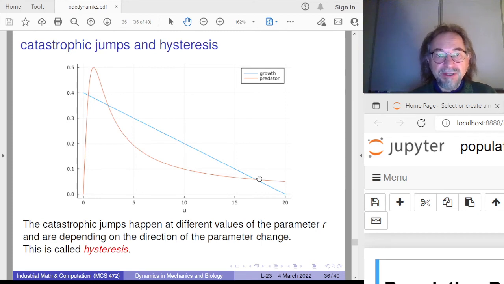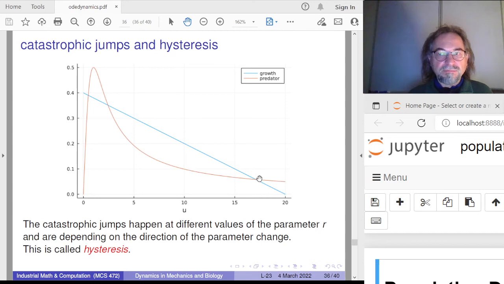On the other hand, if the rate declines, then we also have at some point a catastrophic change in the population, but it happens at a different value for the growth rate.